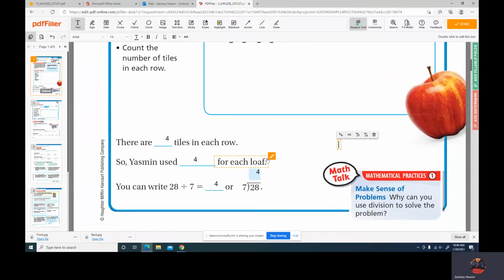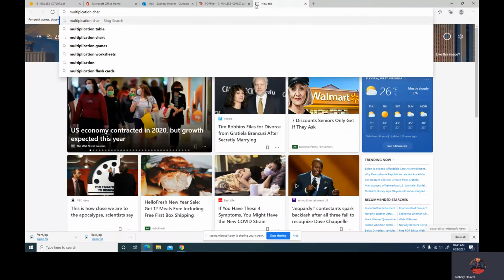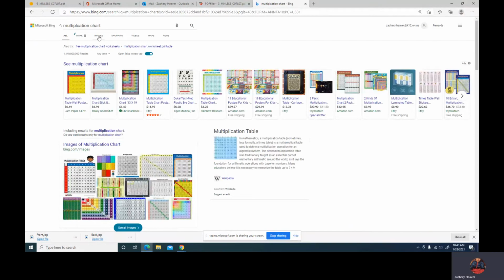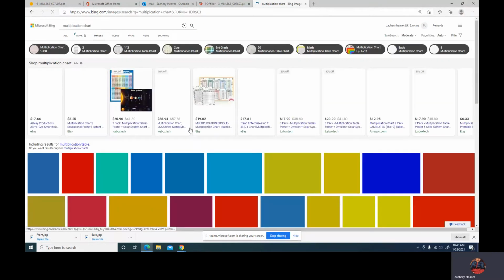This is the same thing we've been doing all week long when we're dividing by 10s, 5s, 6s, 4s, 3s. Even if you're in my class, we've learned how to use our multiplication chart. And if you Google multiplication chart, that will even help you. I can go right here and type multiplication chart, and sure enough, I click images.